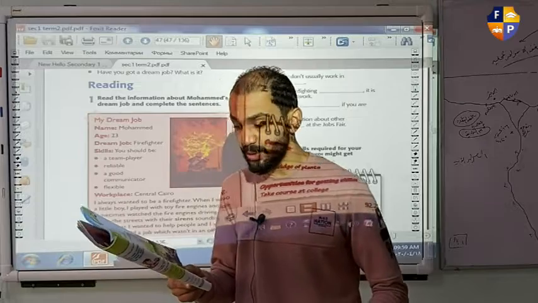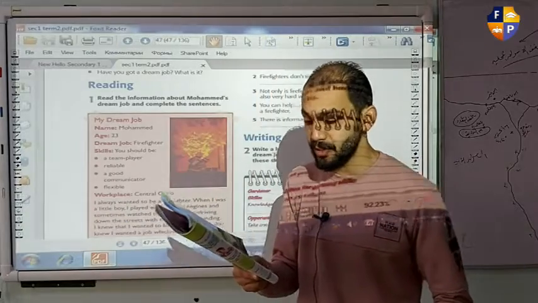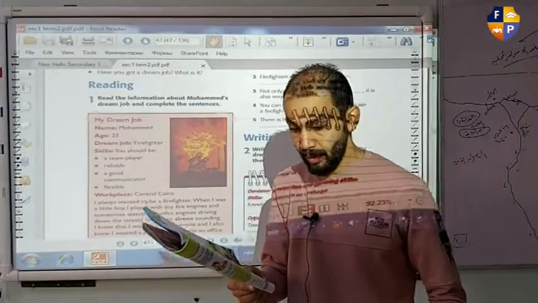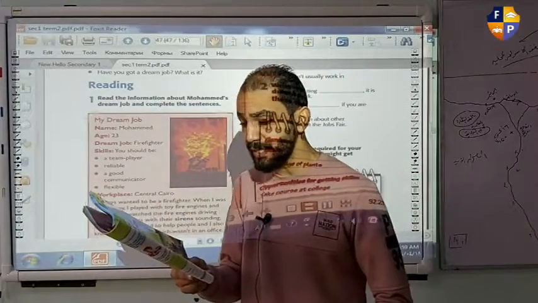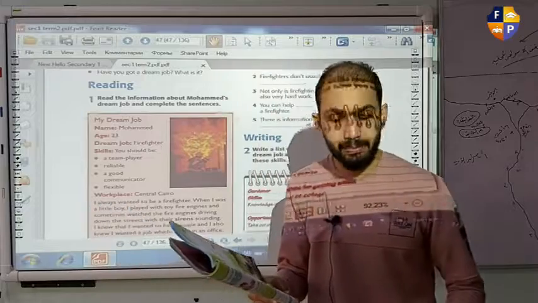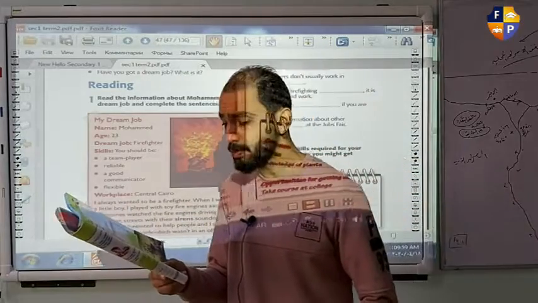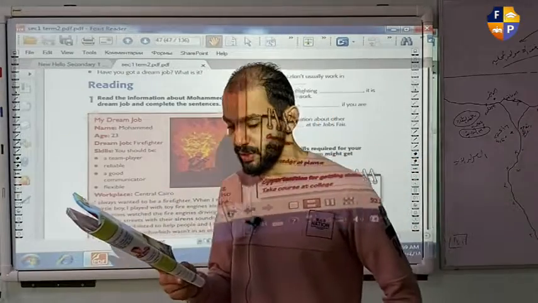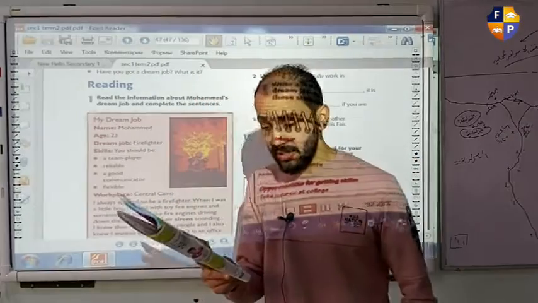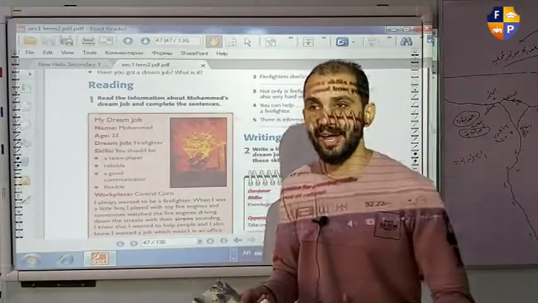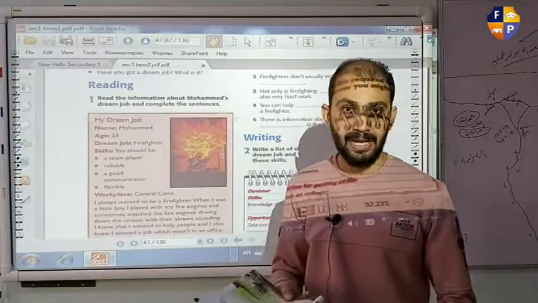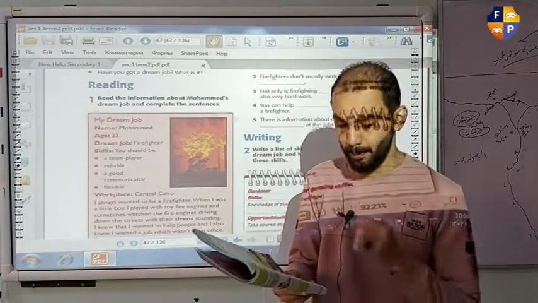Firefighting can be dangerous and it can be very hard work, but I wouldn't do any other job. You must be able to communicate well with your teammates and also be happy to adapt to different situations when necessary. Do you fancy, as we know the word fancy, like, it's equal like. Okay, a career, as we know career means job.